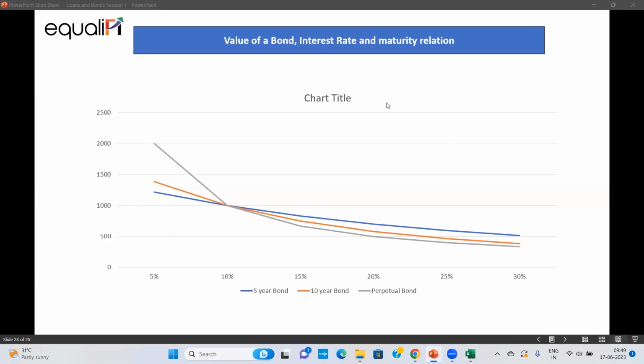So the longer the maturity, the more the price falls, but the initial shock was tremendous. That is what has been proven. This is a chart which is available, and that has been observed from past trend data.